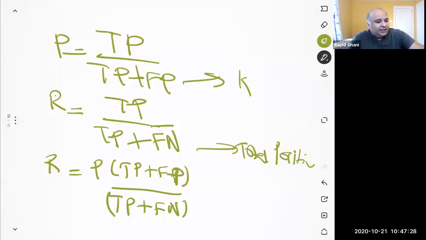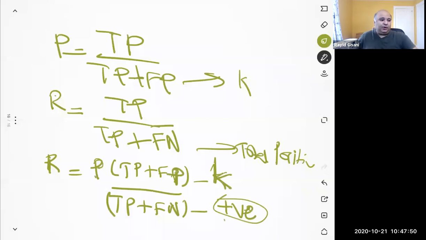So this is your K and this is your sum of your positives. Once you fix a K, the test set has a fixed number of positives. You picked a K, then whatever your precision is, recall is precision times that K divided by that. So there is this one-to-one relationship.